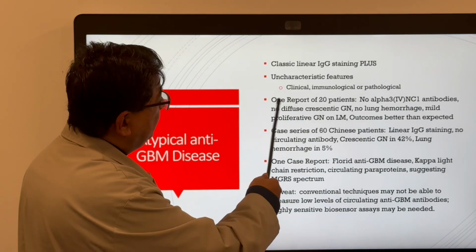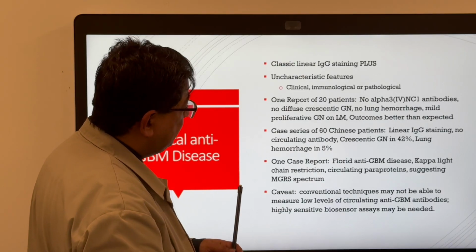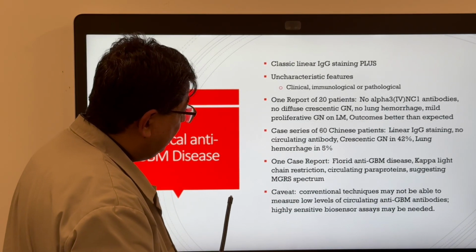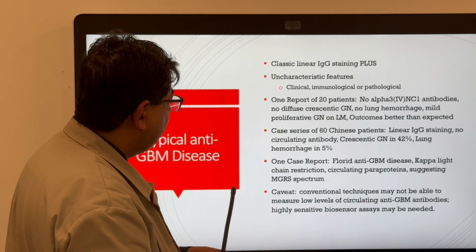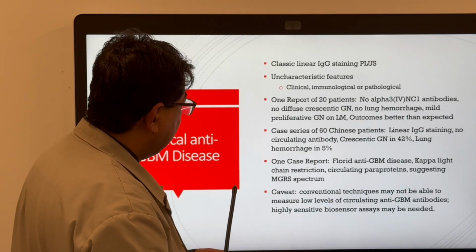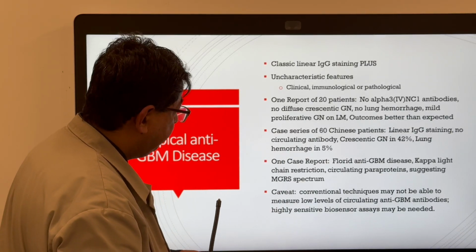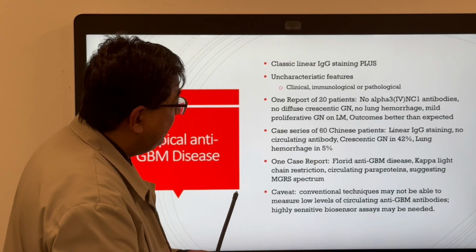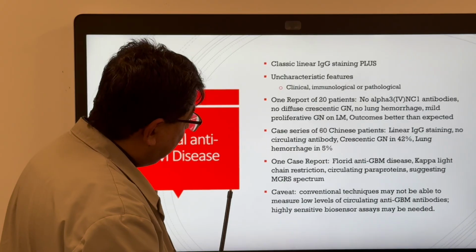So in one report of 20 patients, you had no antibodies to type 4 collagen. You did not have diffuse crescentic GN. You did not have lung hemorrhage. And all you saw was mild proliferative GN on light microscopy, and outcomes were better than expected. But you had the classic linear IgG staining. In another case series of 60 Chinese patients, you had the linear IgG staining, but no circulating antibody.